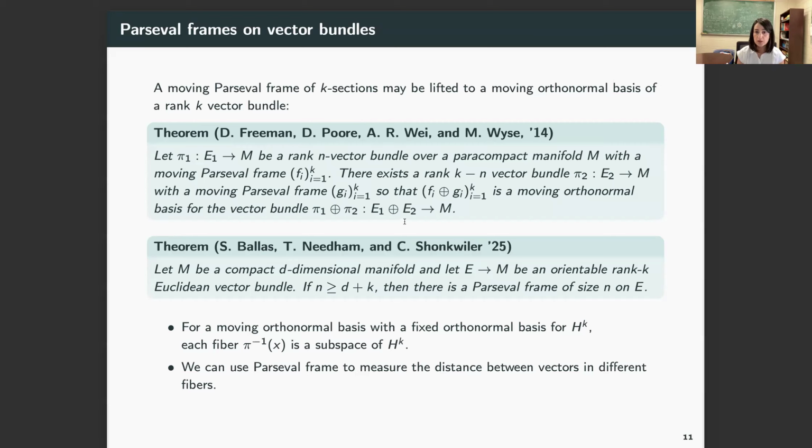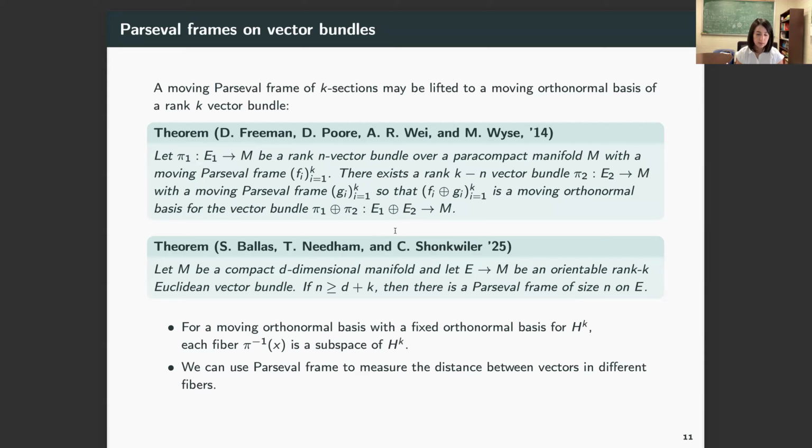So a direct sum of two moving parseval frames is also a moving orthonormal basis for our vector bundle.